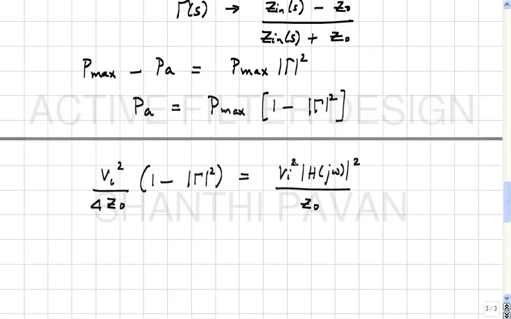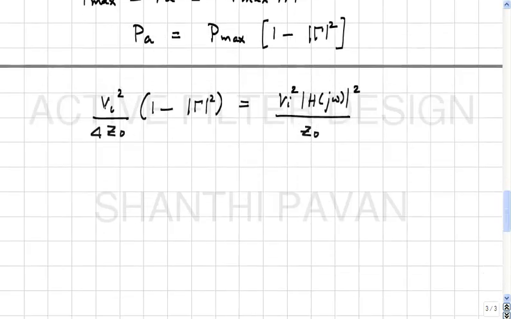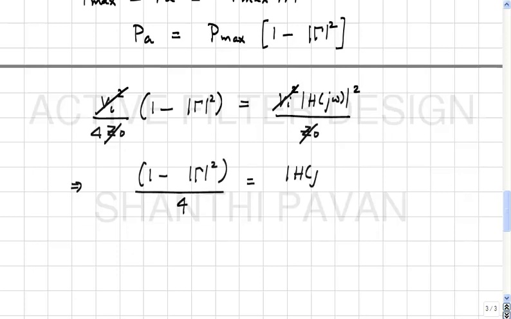Does it make sense? Right? Therefore, you can relate one minus mod gamma whole square to mod H of j omega.